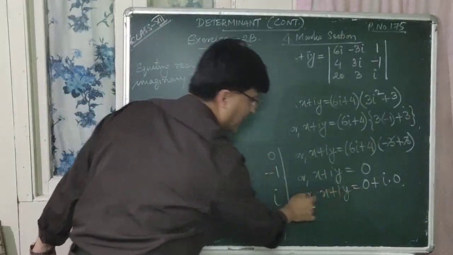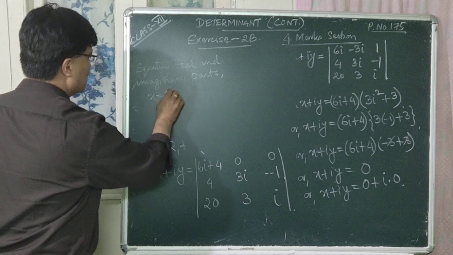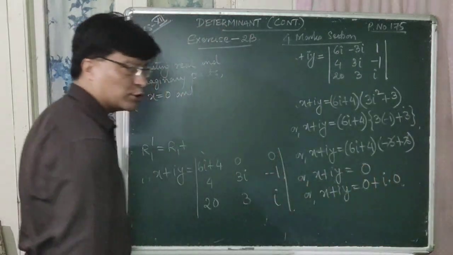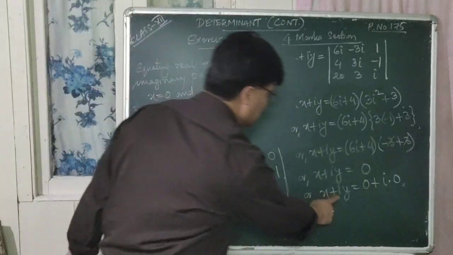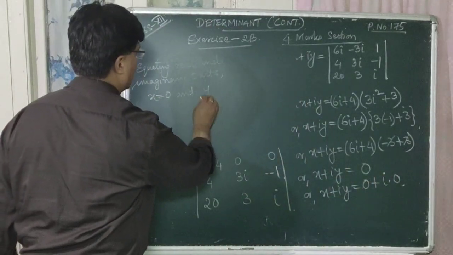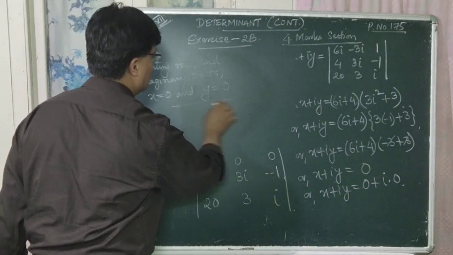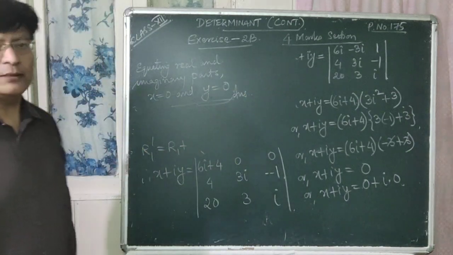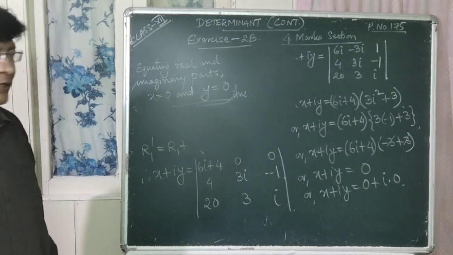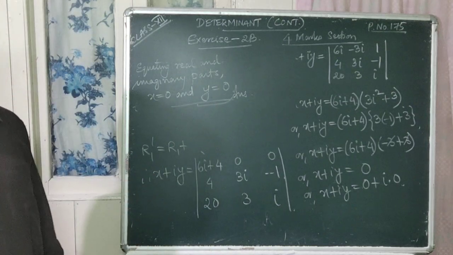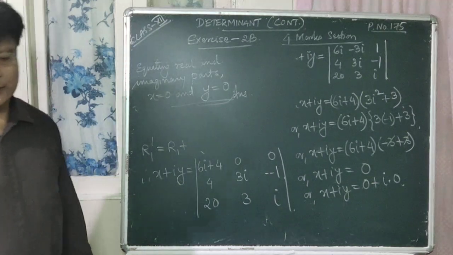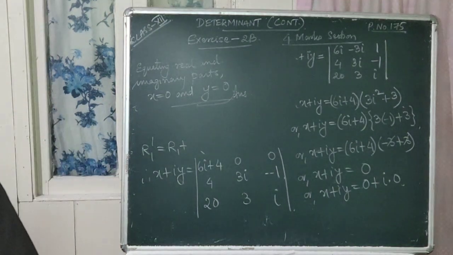This real part can be equated, x is equal to 0, and that imaginary part can also be equated, that is y is equal to 0. So we have got the answer, that is x is equal to 0 and y is equal to 0. These are the answers. Is that clear now? So you can copy it. We'll do the next question now.